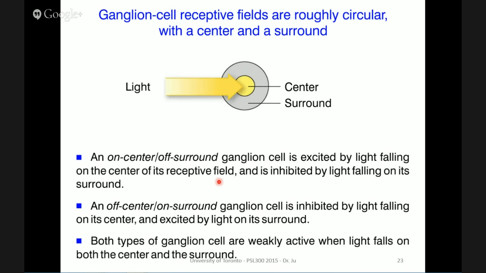It's not from the bipolar cell. The bipolar cells and photoreceptors help to make the ganglion cell respond in a certain way, and how this on-center, off-surround, when you stimulate across the entire receptive field of this one ganglion cell underneath all of this, it's going to be weakly active for both scenarios, okay?